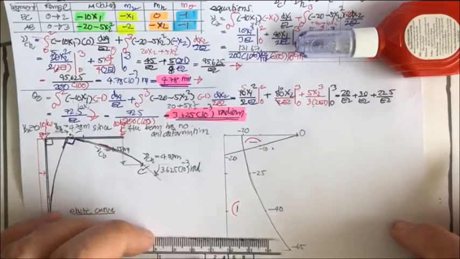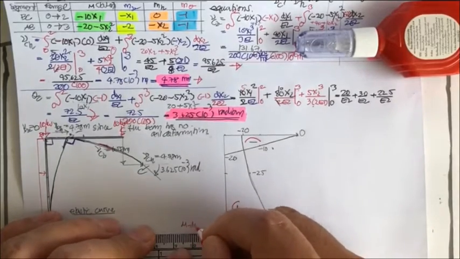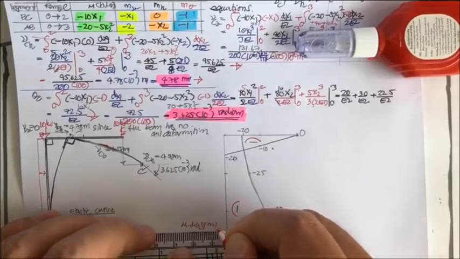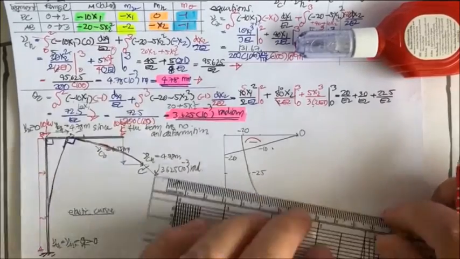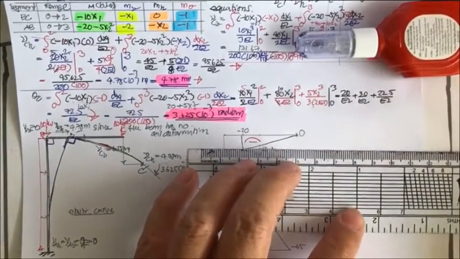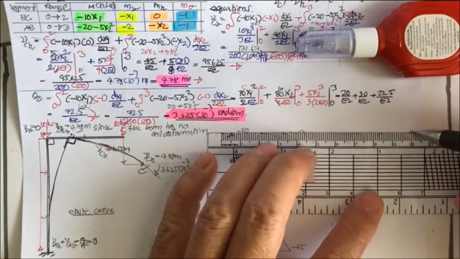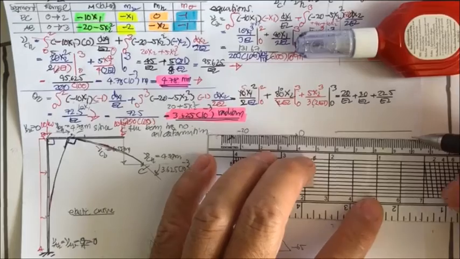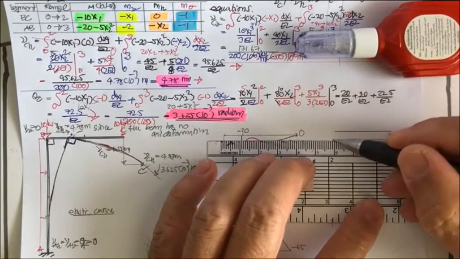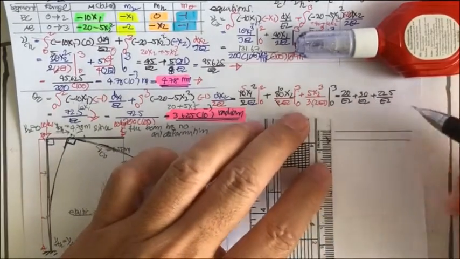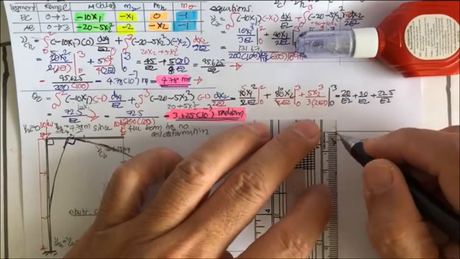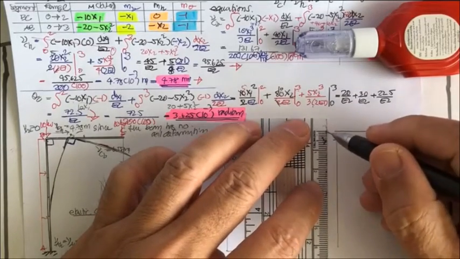This is the M diagram. If you like, just put it 1, 2, 3, and 4.